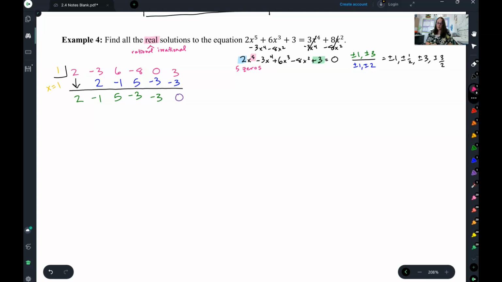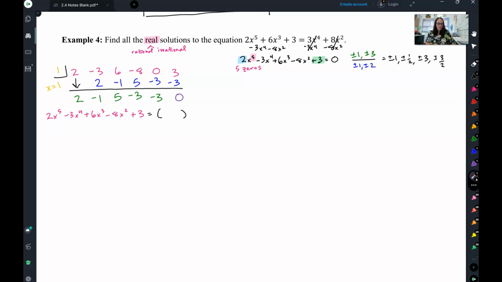So let's write our factored form. Notice that I did include my placeholder for the x term right there. Hopefully you didn't forget that in your synthetic division. If x equals 1 is my 0, then x minus 1 is my factor.